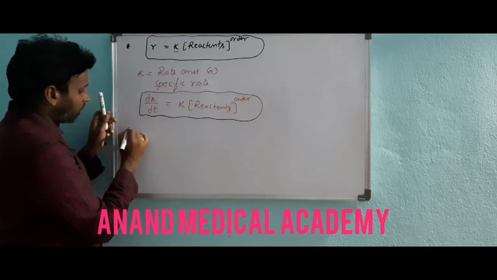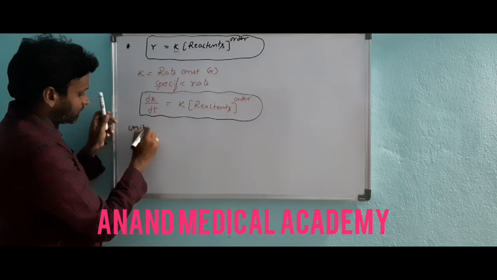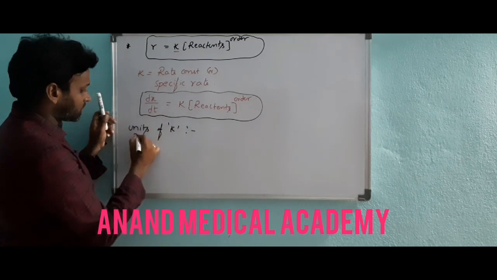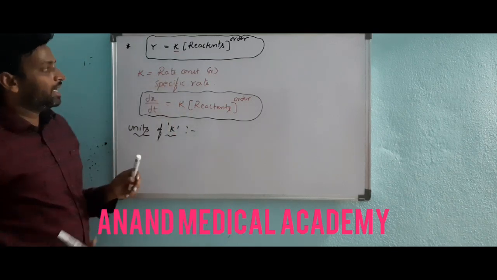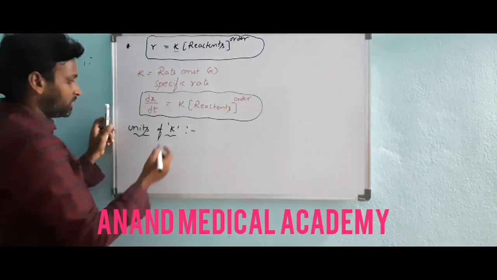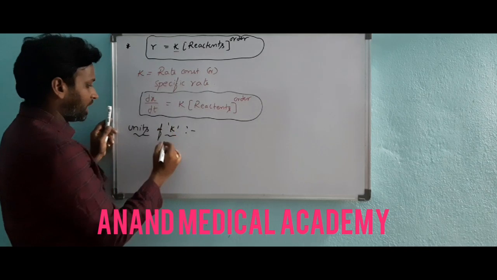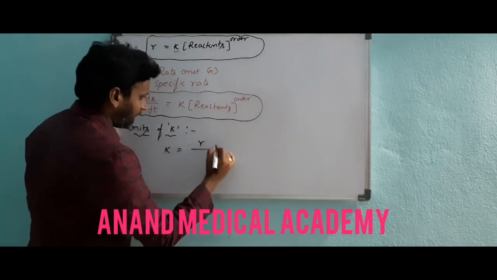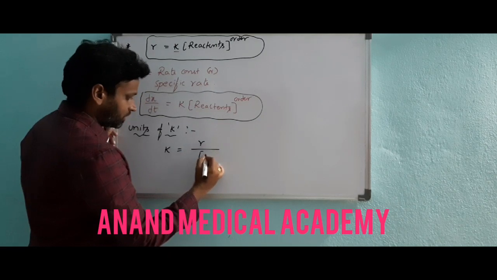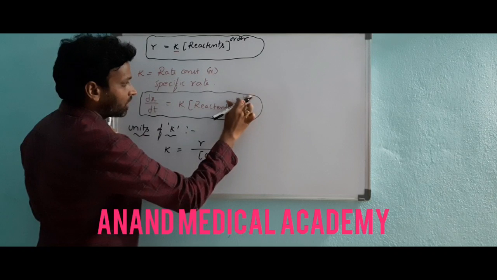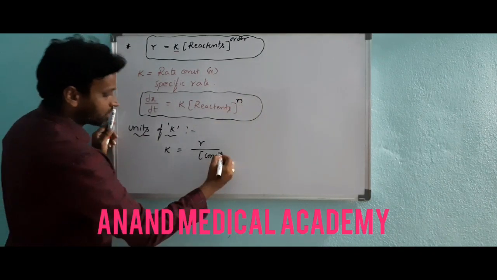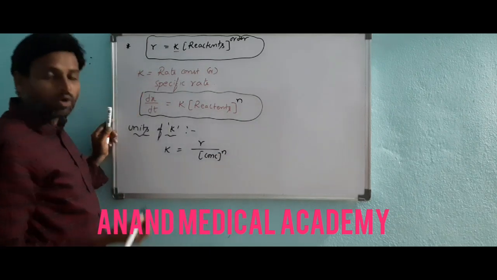And here, what is the unit? Units of K. Units of rate constant. So here K is a rate constant, I told you. So you can now write K is equal to rate by concentration, here instead of order I will represent with N. So concentration power N. What is N?